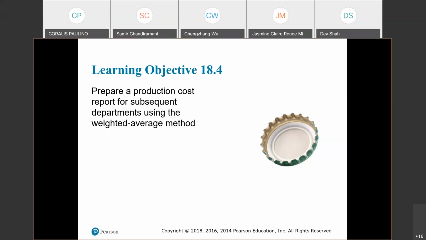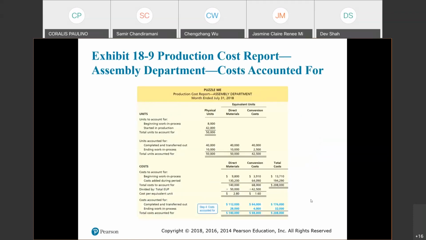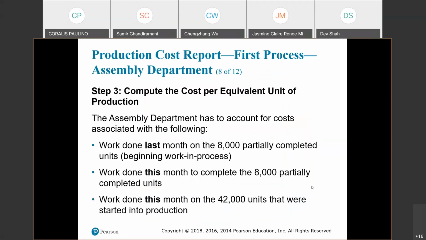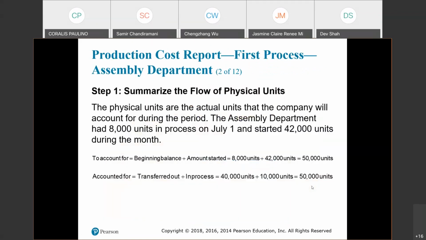In the last class, I introduced 4 steps on how to prepare the production cost report in the first department. The first step is to summarize the flow of physical units. We learned 2 concepts: units to account for and units accounted for.